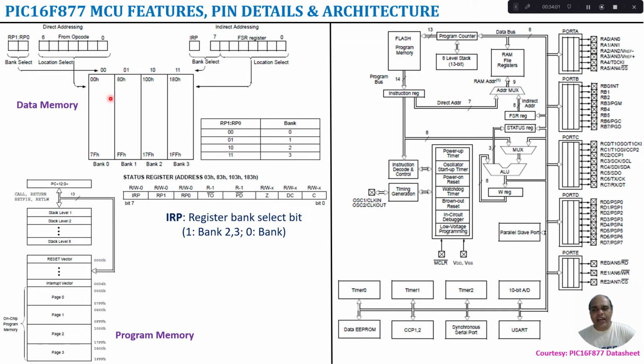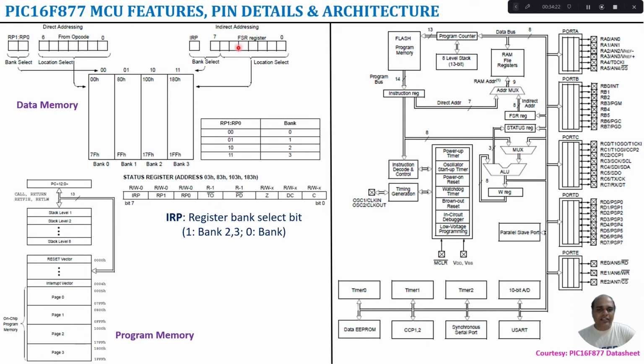In case of indirect addressing, we make use of a register called the FSR register, which is the file select register. This file select register is an 8-bit register, and it holds an address.